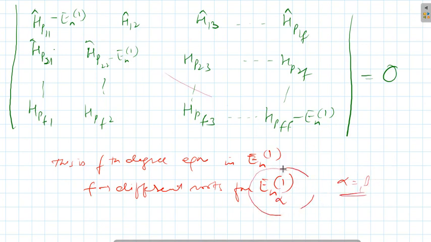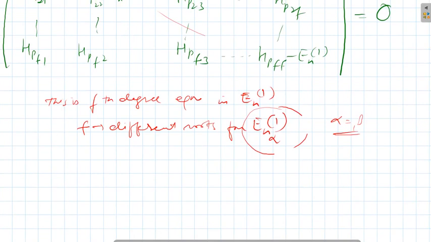So it must have F roots. So the total energy of the system can be written as En alpha equal to En0 plus En alpha 1.